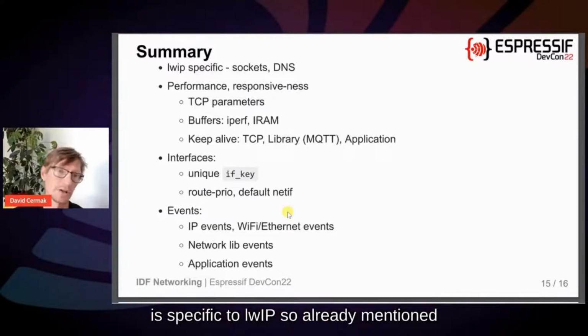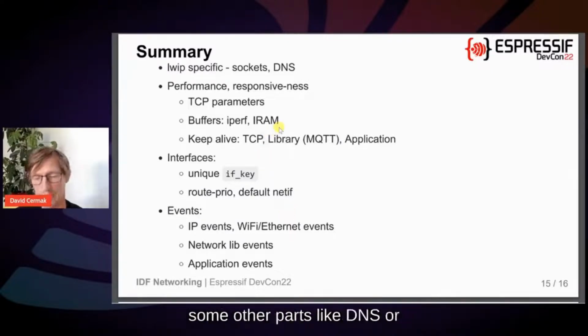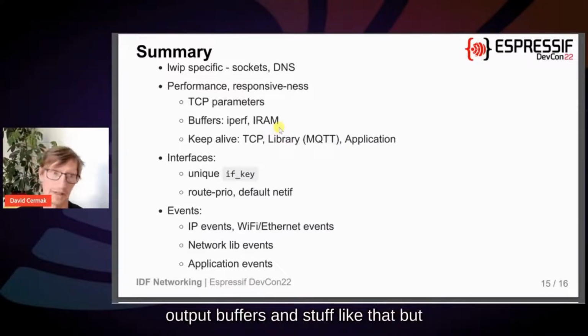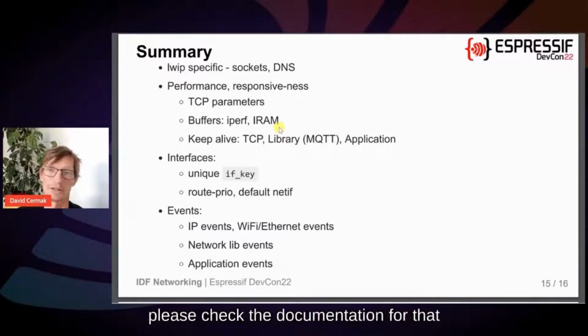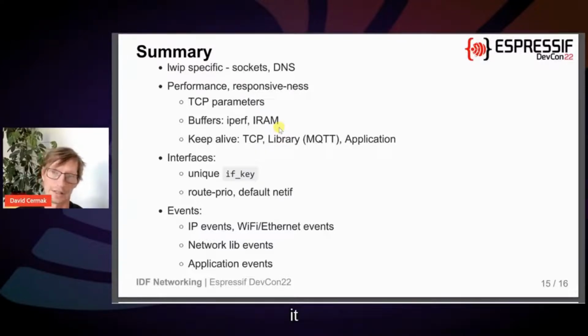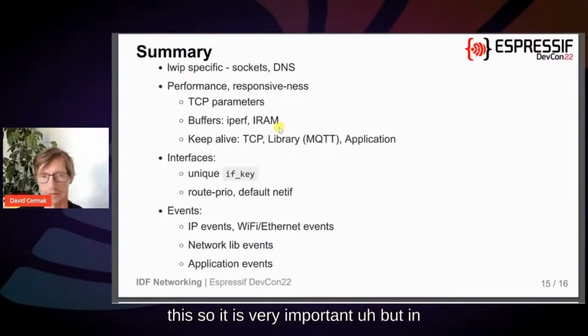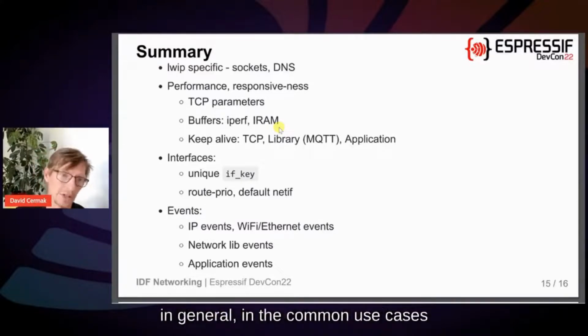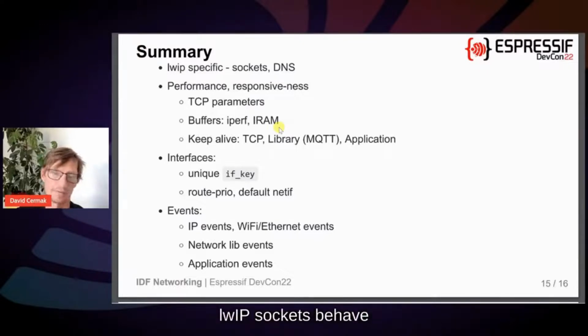I already mentioned something about sockets. There are some other parts like DNS or output buffers and stuff like that. But please check the documentation for that. It is very important. But in general, in the common use cases, LWIP sockets behave almost like the normal common Linux sockets.